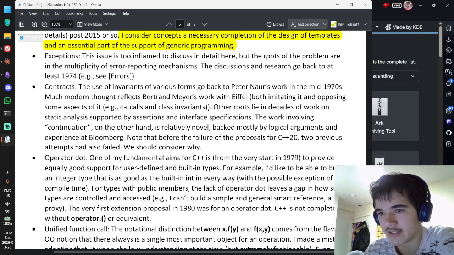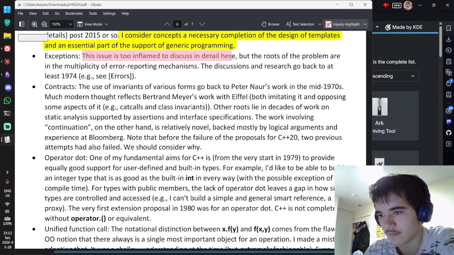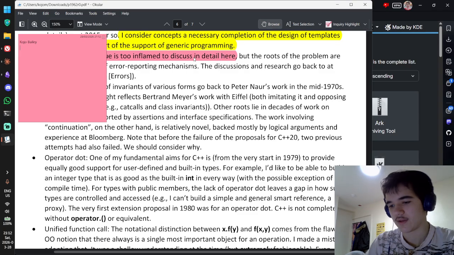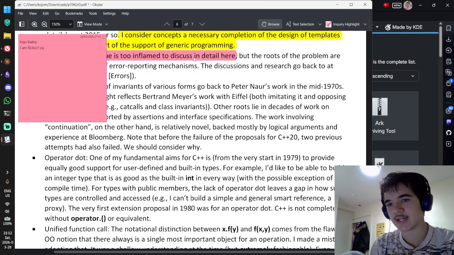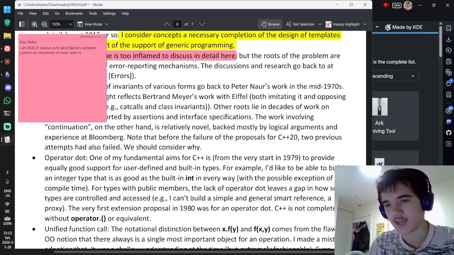Sorry, I should probably make a note of this. I am really curious as to what Bjarne's updated perspective or opinion on exceptions versus result types is.